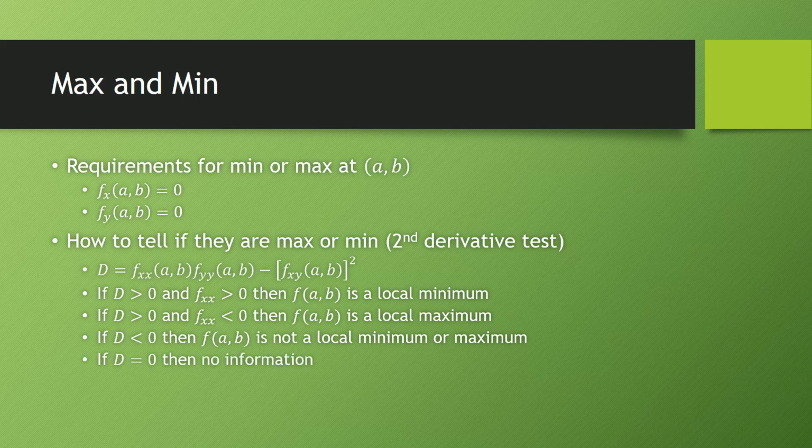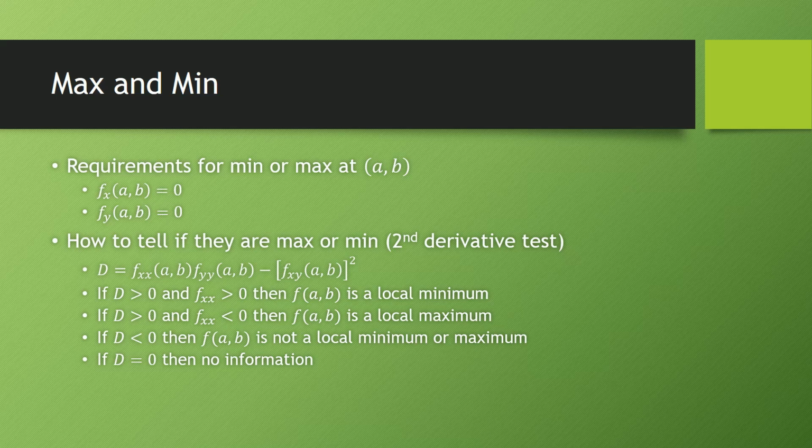Now, the other situation is D equals 0. Then you end up getting no information. That's kind of annoying if you end up getting that, but it does end up happening. Okay, so that's the basics for finding the maximum and minimums for a simple function in 3 dimensions and 1 dimension.